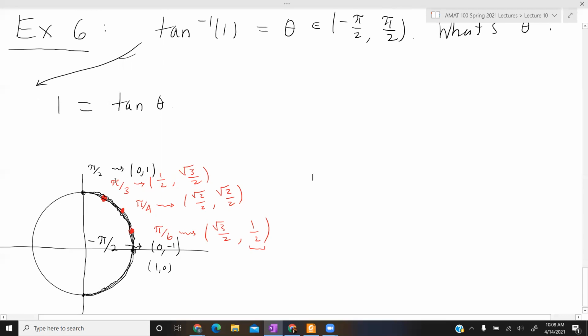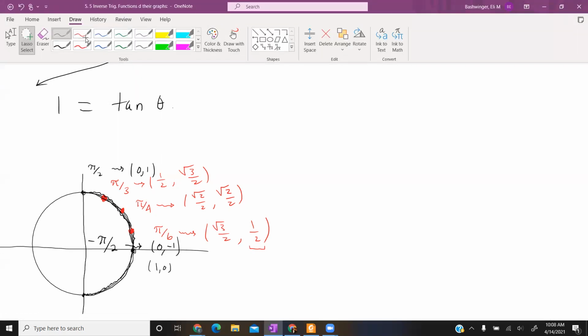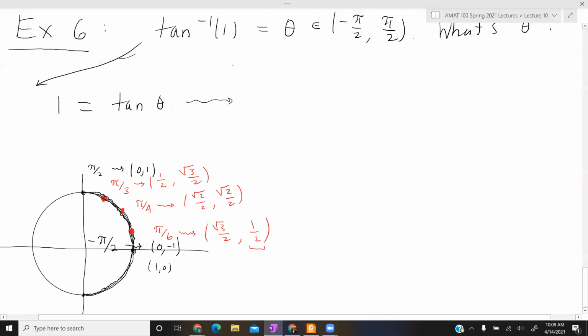So we want the ratio of the y coordinate and the x coordinate to be 1. Whatever theta is, it corresponds to some point (x, y), and it says that y over x is equal to 1.